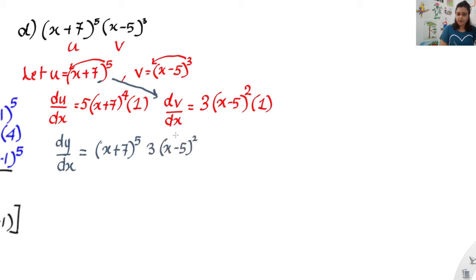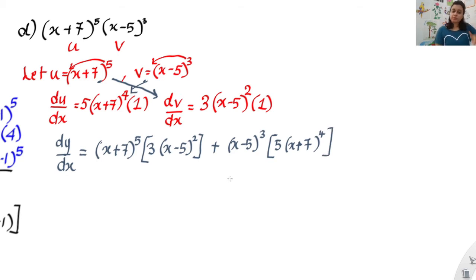This one no need to write 1 now because already multiplied, 3 times 1 is 3. So I put bracket. Then plus, write the v first, x minus 5 power of 3, then multiply with du dx, which is 5 x plus 7 power of 4.